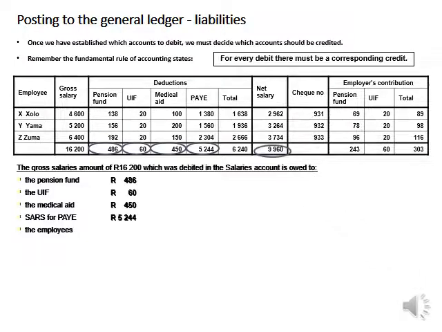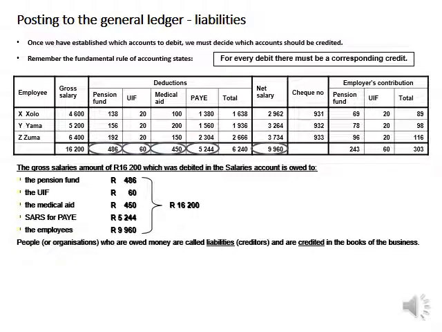And then the employees, we owe them 9,960. If you add all those together, it's equal to the gross salary of 16,200. So that means where we have debited the salary account with 16,200, we need to credit each of those respective accounts with those amounts, and then we will have a credit for each debit.